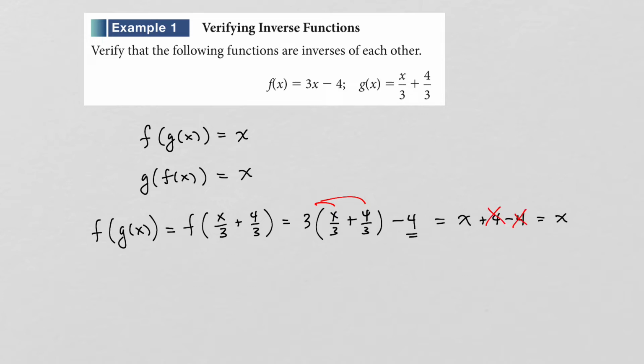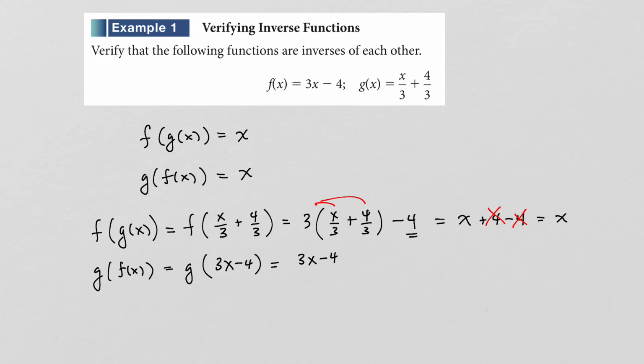Now let's check to see if it happens the other way. So when we plug the function f of x into the function g of x, we get g of 3x minus 4, right? Because we're now plugging this function f into the function g. Now, when you put 3x minus 4 into the function g, we replace the x in function g with 3x minus 4.